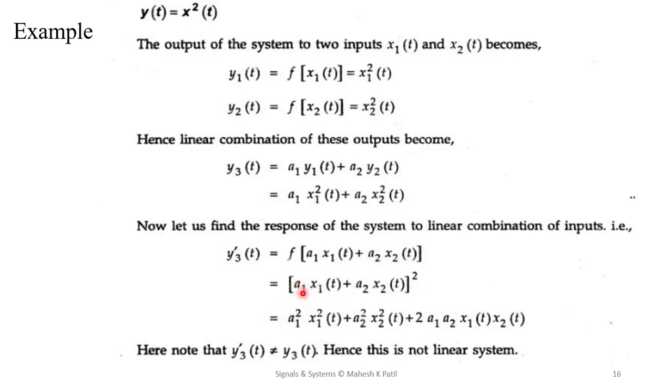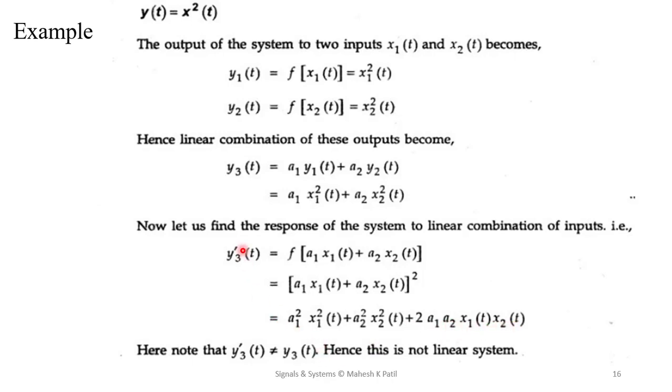Therefore it will become a1 x1 of t plus a2 x2 of t, bracket square. If you simplify this, you will get the output as a1 square x1 square of t plus a2 square x2 square of t plus 2 a1 a2 x1 of t into x2 of t.